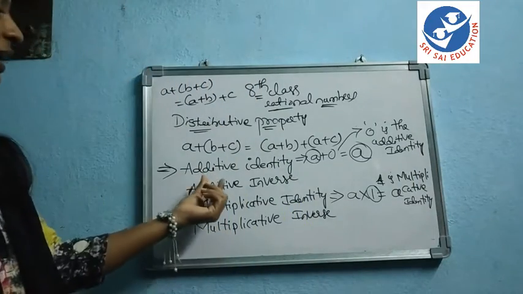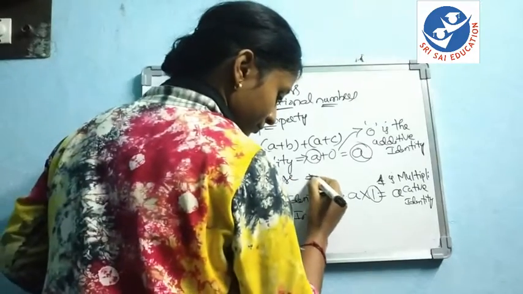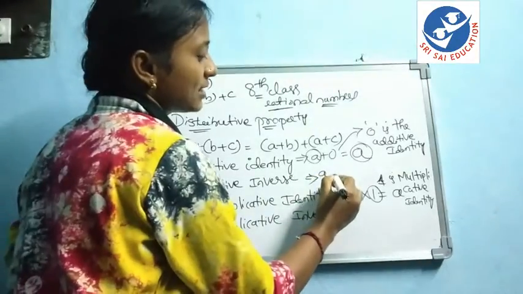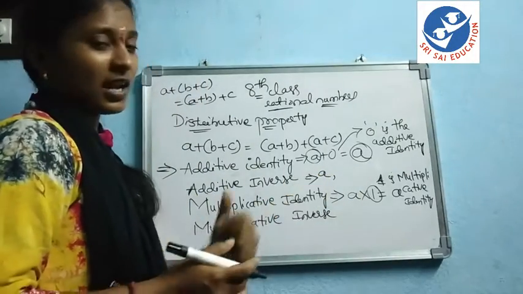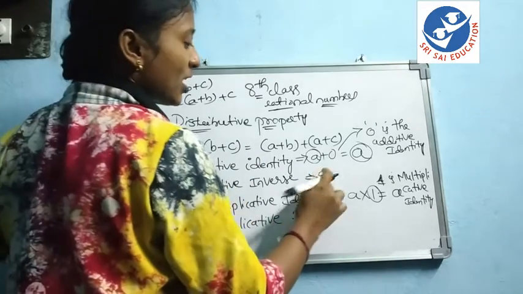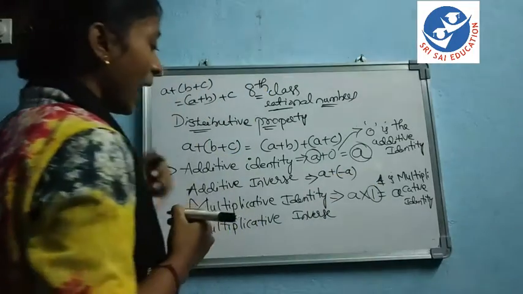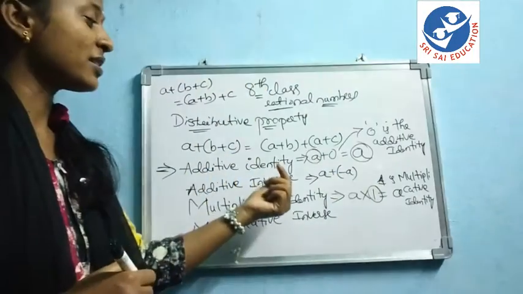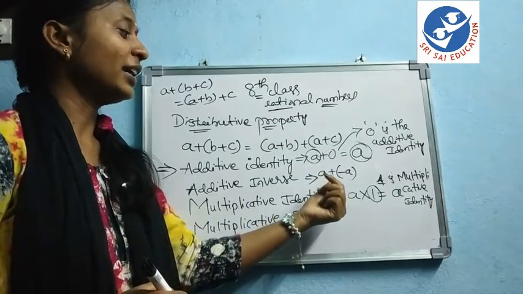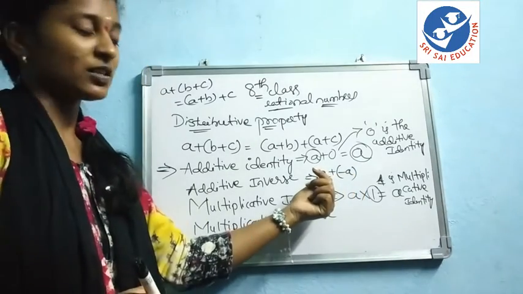And next, additive inverse. Additive inverse means a is a rational number. In this rational number, minus a is the additive inverse of plus a, and plus a is the additive inverse of minus a. We get the result 0. In additive inverse, the sum of two rational numbers gives the answer 0. Okay, plus a plus minus a equals 0. So plus a is the additive inverse of minus a, and minus a is the additive inverse of plus a.